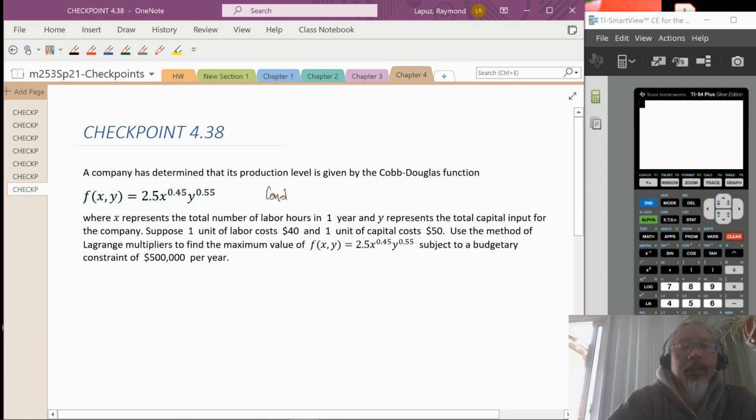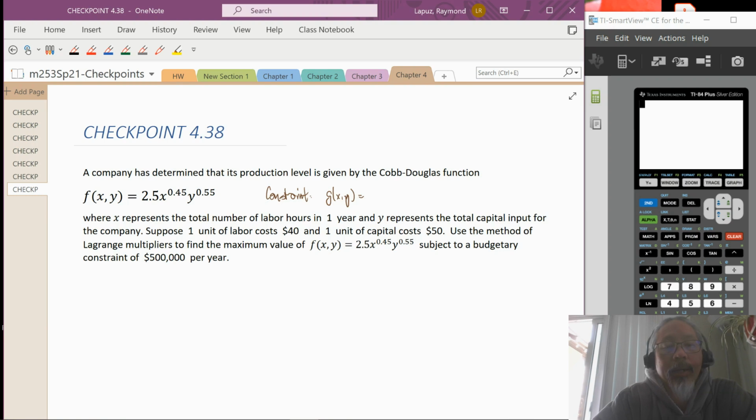So we'll put our constraint here, and we'll mark it as g(x,y), but it's really going to be an equation, a level curve, if we want to look at it that way. The total amount is going to be 500,000.